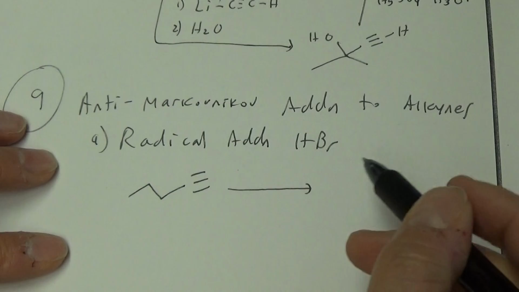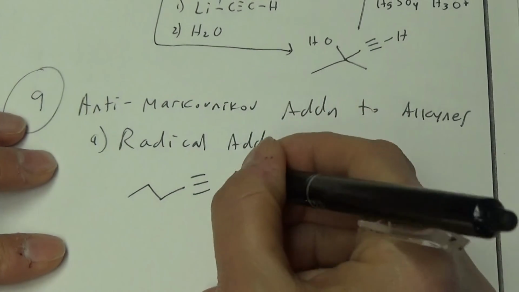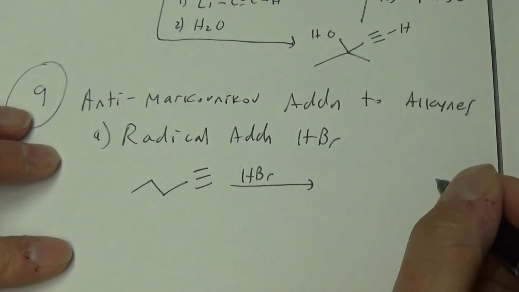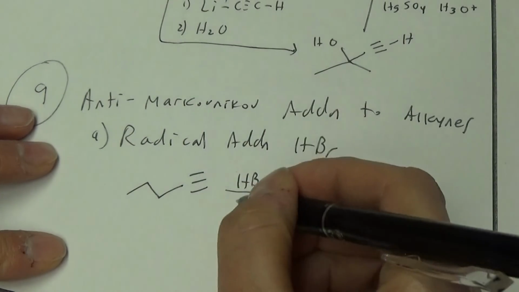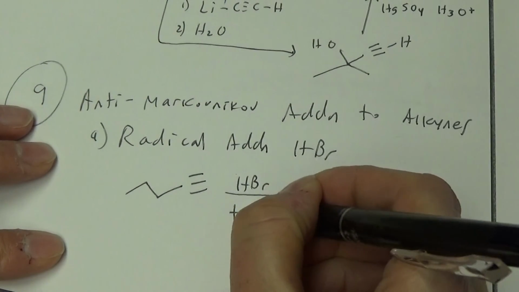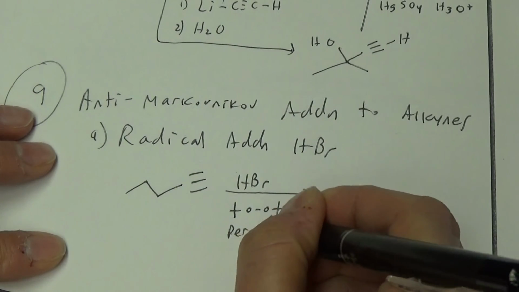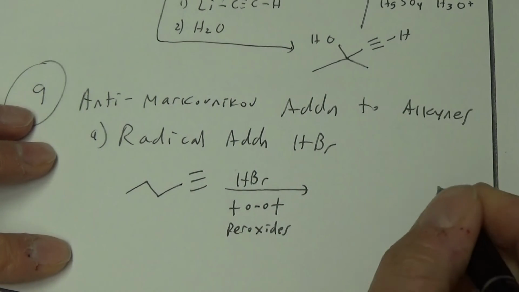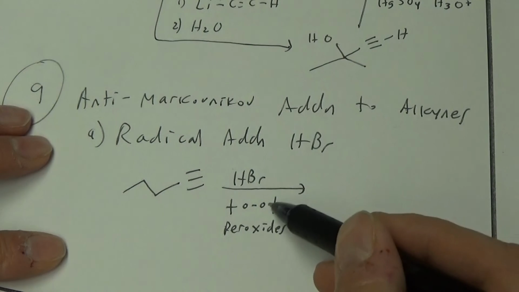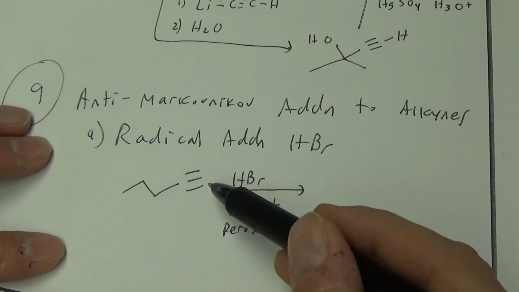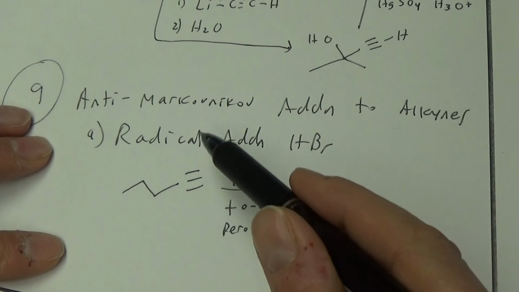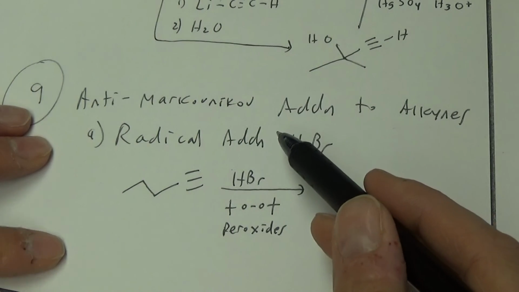It wasn't just HBr and radicals, it was HBr and a specific kind of reagent: HBr and something like a peroxide, tributyl peroxide, or we'll say peroxides. And what that does is it'll attach Br to the very end. That's what we mean by anti-Markovnikov.